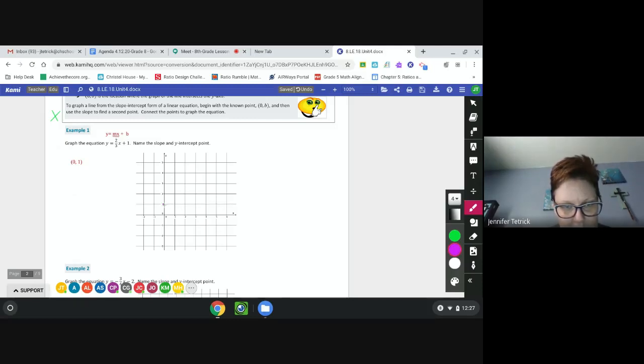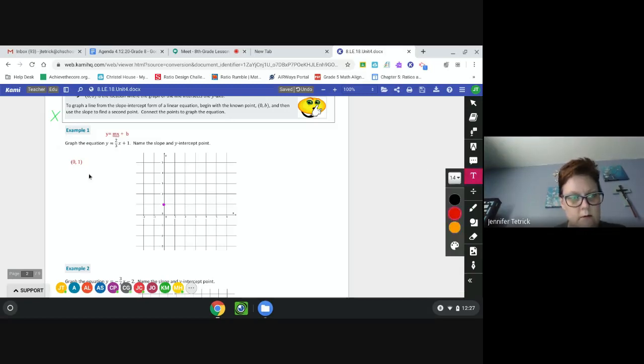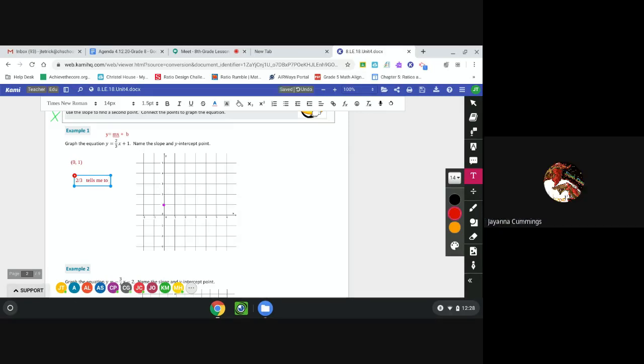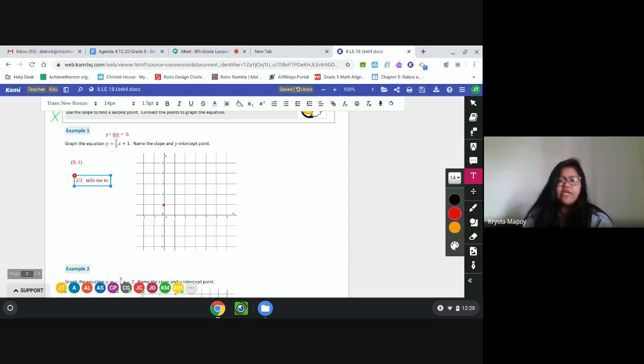Now, using this, what does the 2/3 tell me to do? Is that telling you how much to move? Rise 2 and run 3.